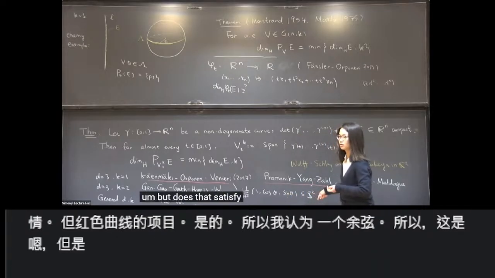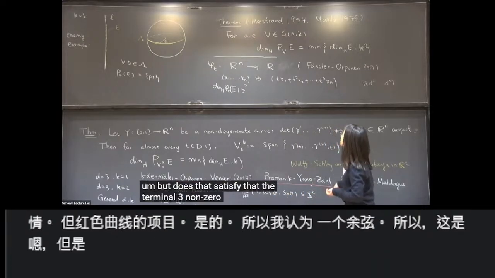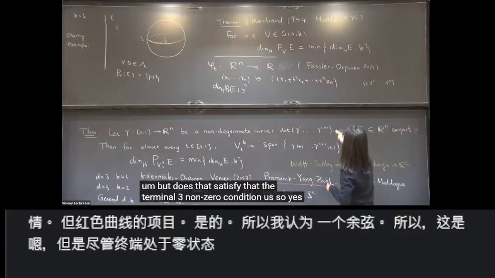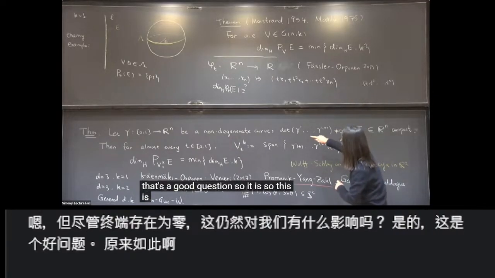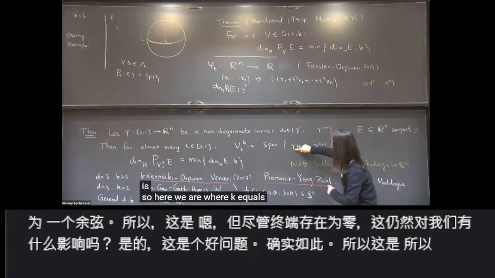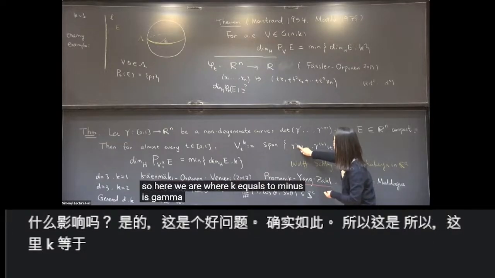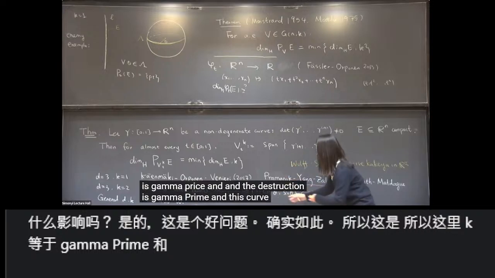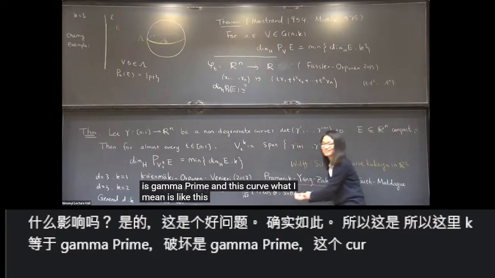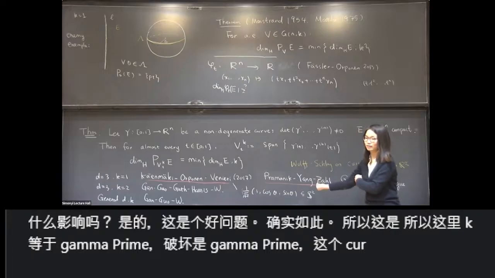But does that satisfy the determinant being non-zero condition? That's a good question. So here, when k equals 1, this is the span of gamma prime, and the direction is gamma prime. And this curve, what I mean is this gamma prime. So there is one derivative.